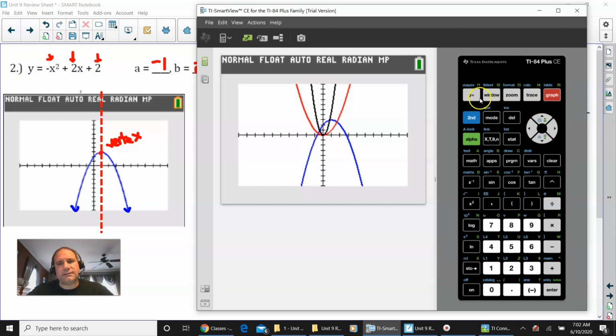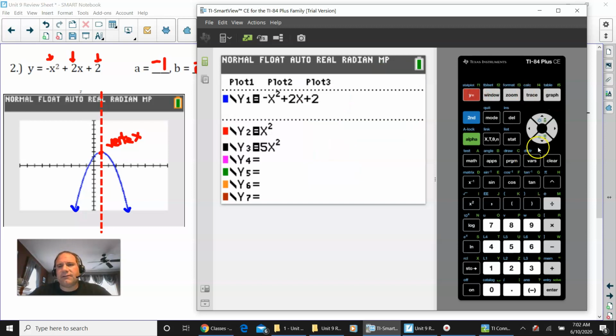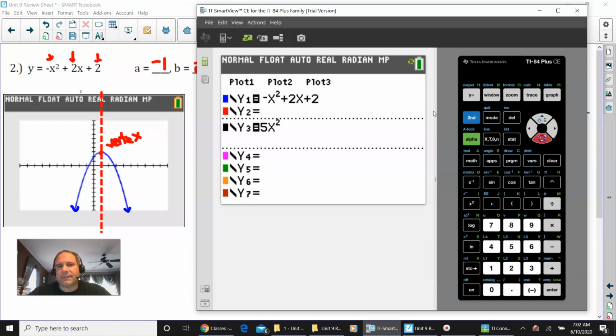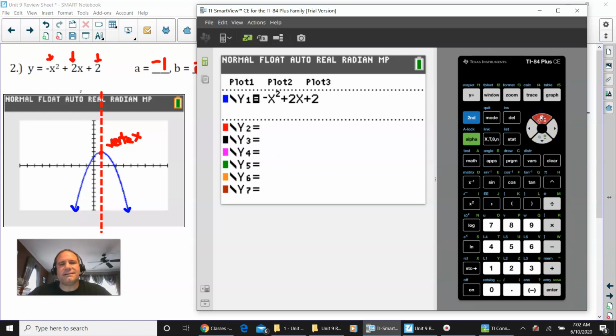And that's it. So I'm going to clear out, though, because I have something else to figure out, and I don't need to see 3 graphs. I just need to see this original graph. Right. So they're asking me about the domains. So the domain, just remember, is the value of all x's.